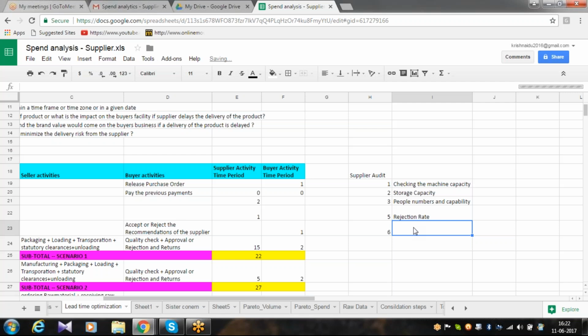Sixth, the supplier's suppliers, lead time, costing of the supplier's product, their warehouses near the buyer's facility.